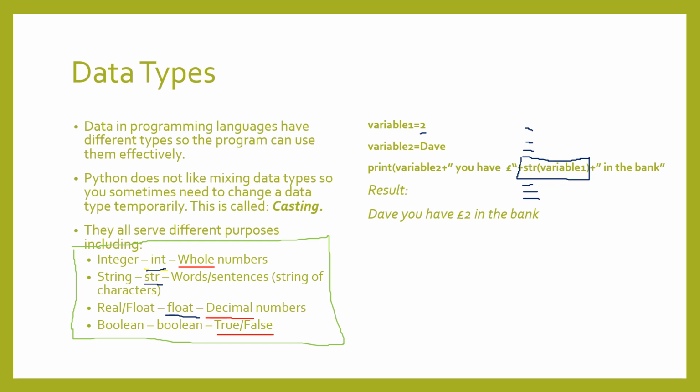But if I say nope, treat this as a string, treat variable 1 as a string, so instead of using the number 2, pretend it's a character, and then it can put it in the sentence, which is why our result will have a mixture of the first variable, variable 2, which is the word Dave, with our number here, which is variable 1, and it can combine them in a sentence because of this, and that's called casting, treating one data type as another.